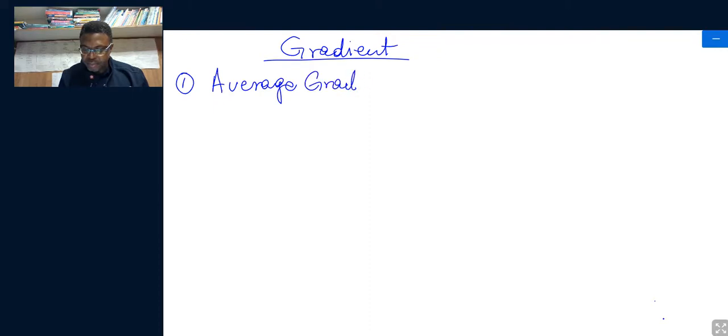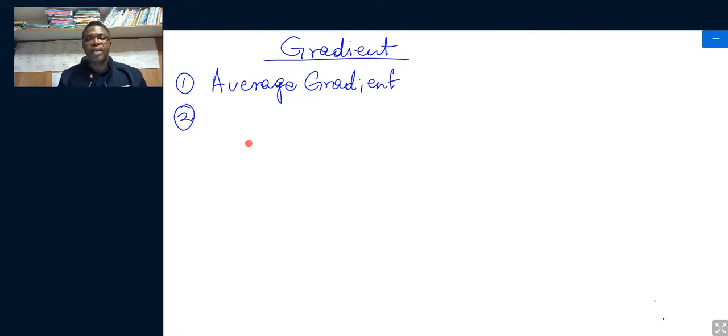Now, this is just a layout of this lecture. The first thing I'm going to teach you is about average gradient, how it is calculated. Number 2, I'm going to teach you about the applications of gradients.